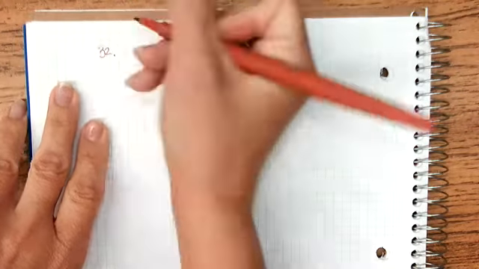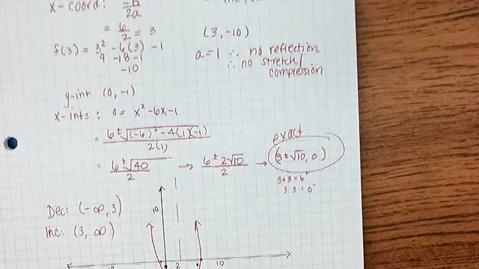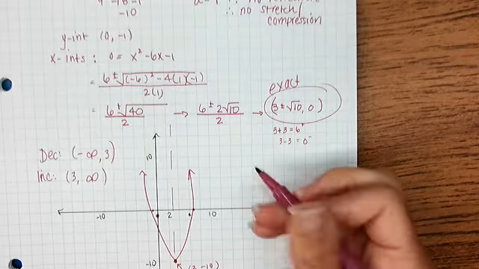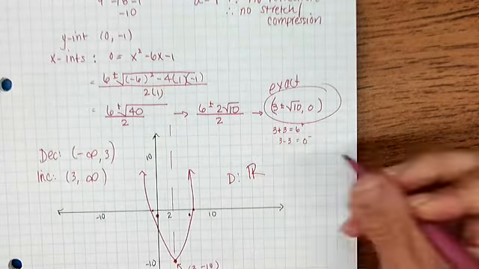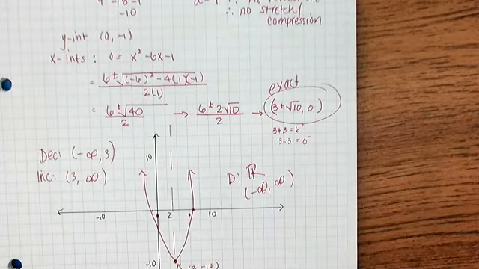I did not do domain and range of the previous problem. Let's go back. Sorry about that. Okay, domain: all real numbers, or negative infinity to infinity.